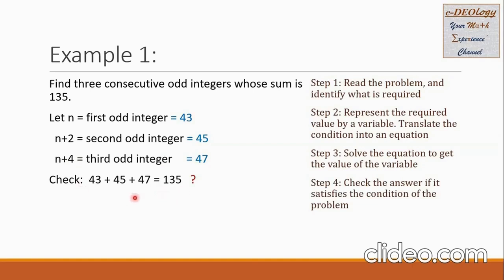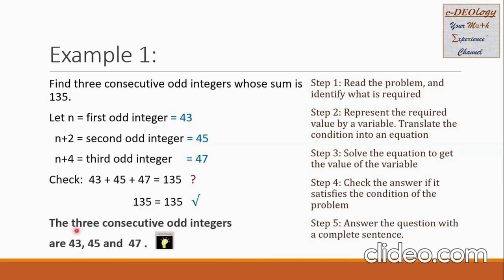If we compute this, so 135, and it is equal to 135 on the right side. So step 5, we will answer the question with a complete sentence. The 3 consecutive odd integers are 43, 45, and 47. This is our final answer.